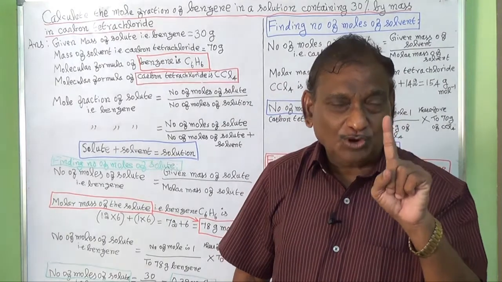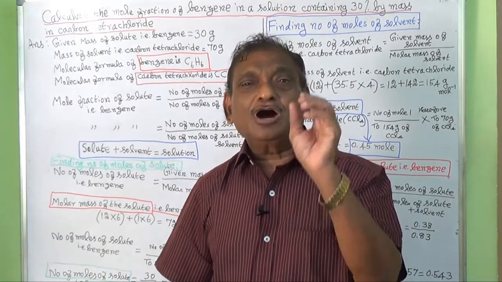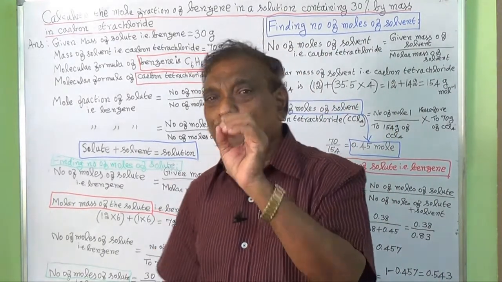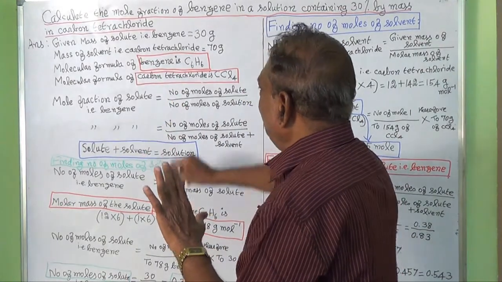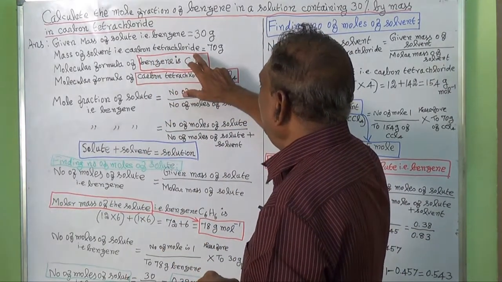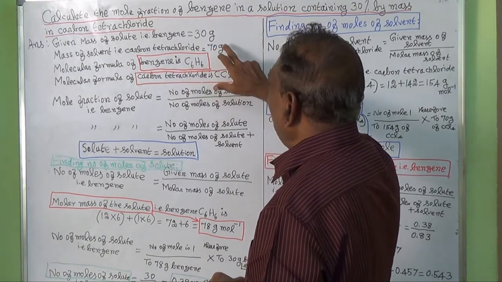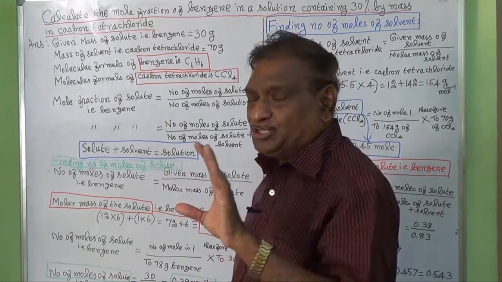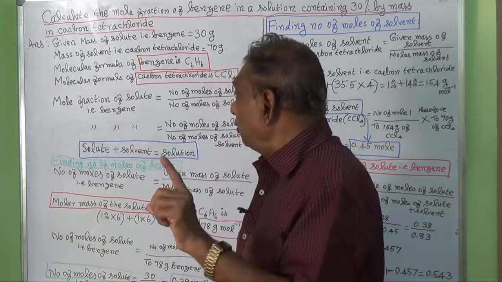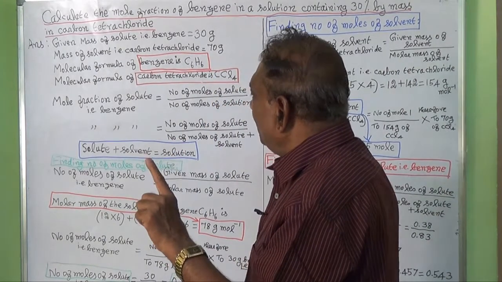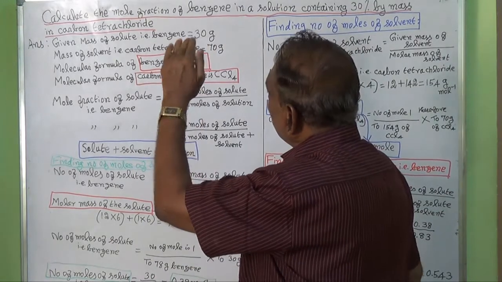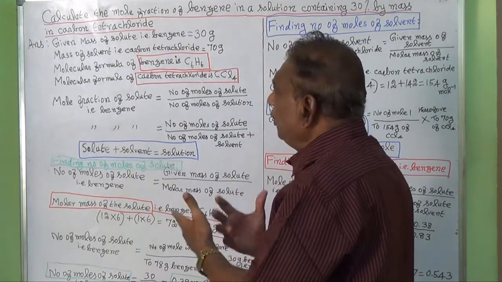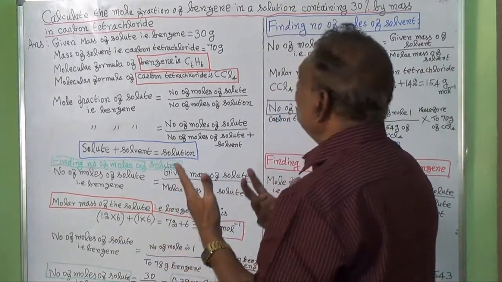The third particular is the mass of the solvent to be given. The mass of the solvent, that is carbon tetrachloride, is given as 70 gram. Fourth particular is the molecular formula of the solvent carbon tetrachloride. Because in this sum, they have not given the molecular formula.